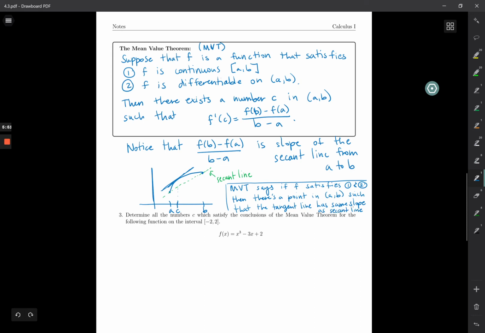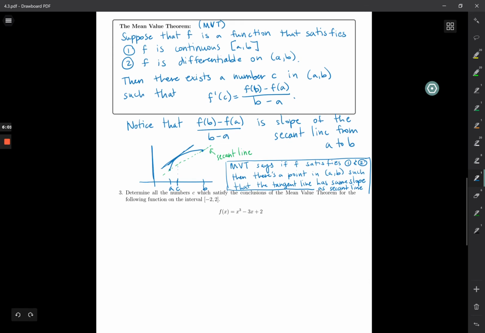Sorry, I did not leave myself enough room. Okay, so yeah, that's what it says. So that's a way of remembering it that maybe is a little bit easier than the exact statement, in my opinion. I think it would be easier to remember that way.